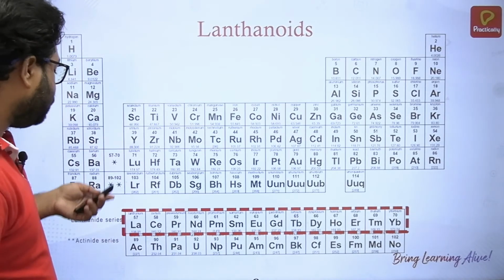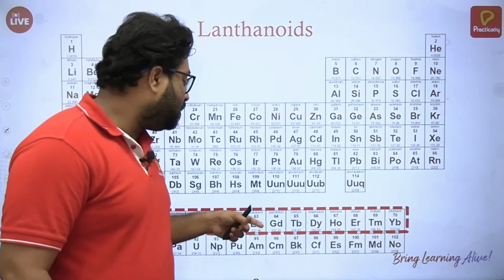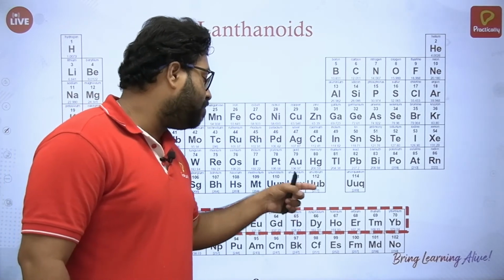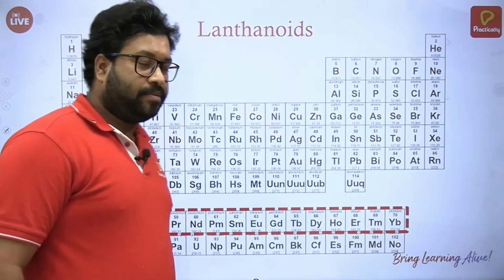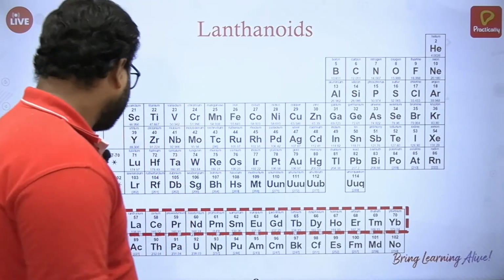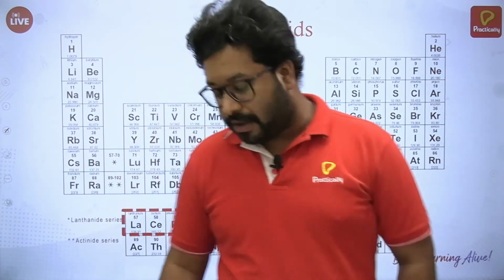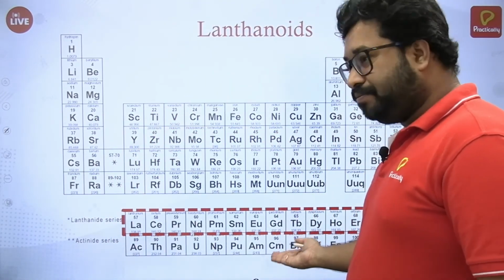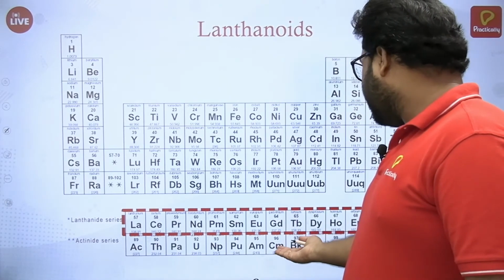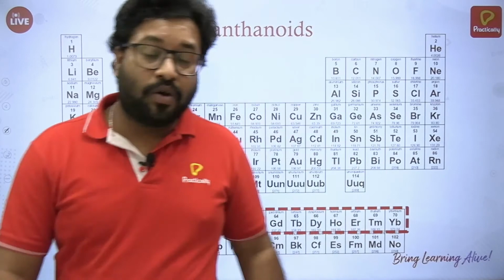Lanthanum, cerium, praseodymium, neodymium, promethium, samarium, europium, gadolinium, terbium, dysprosium, holmium, erbium, thulium and ytterbium. And the actinide series is actinium, thorium, protactinium, uranium, neptunium, plutonium, americium, curium, californium, berkelium, einsteinium, fermium, mendelevium and nobelium.